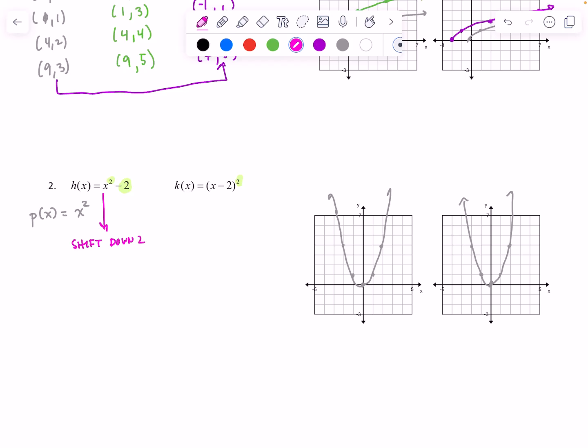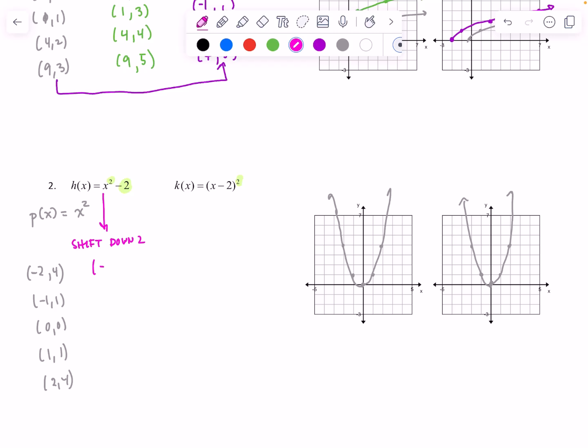Right. And so if we think about those points that are on our original graph, I said them before, but I didn't write them down. So let's write them down. -2, 4, -1, 1. That's -2. It's hard to read. Let me just erase it so you can read it. 0, 0, 1, 1, and 2, 4. So when we shift down, we have to remember that a shift down means our x-coordinates stay the same.